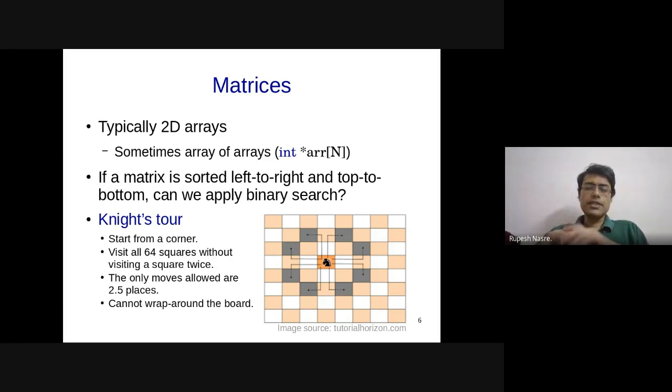But assuming that all these legal moves are allowed, can you visit all of these squares in 64 moves of the knight? That is the question. Any thoughts on how this needs to be done, whether this is possible or not?